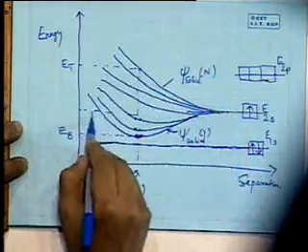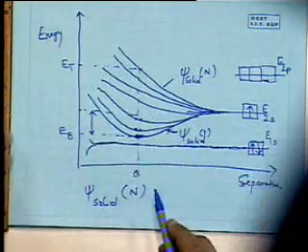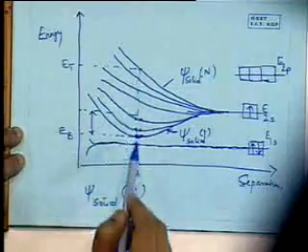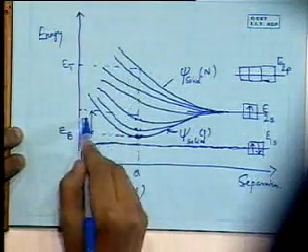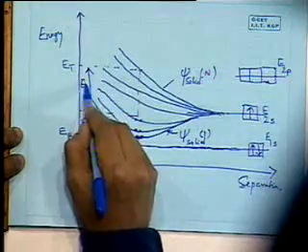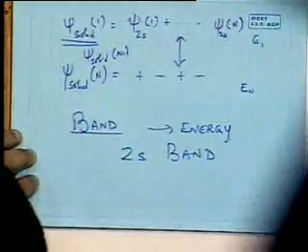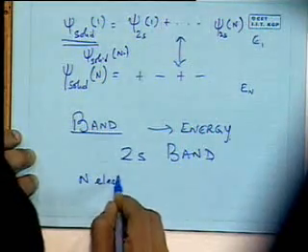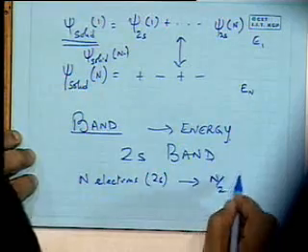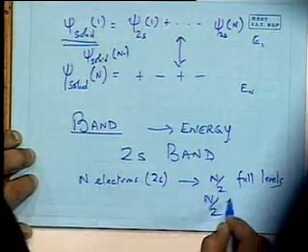So it doesn't mean that it's filled up to half its energy, but n by 2 levels are full and n by 2 levels are empty. So when we put in n electrons from the 2s, we get n by 2 full levels and n by 2 empty levels.